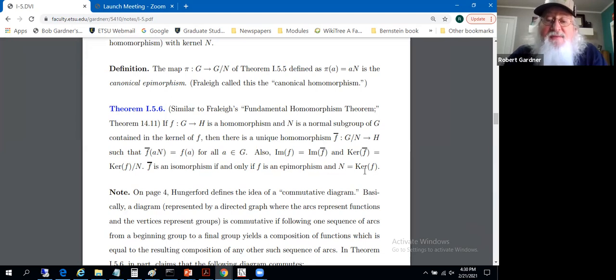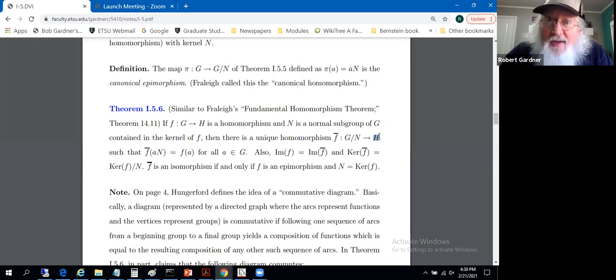So what this gives us is that F bar is an isomorphism between the quotient group G mod the kernel of F and whatever we get on the right-hand side, provided we have the ontoness, the surjectivity.